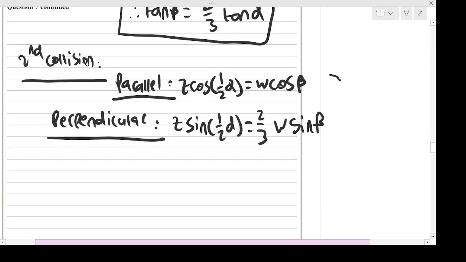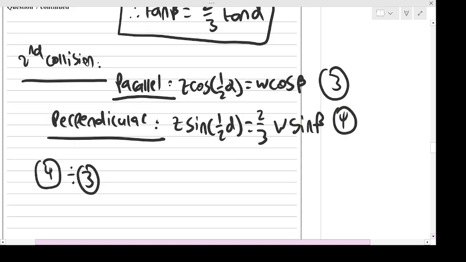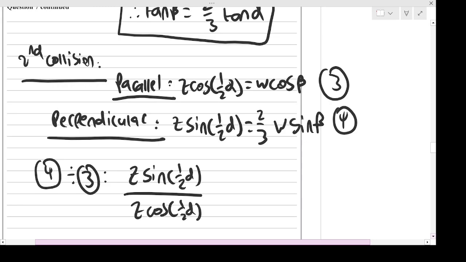So if I call these equations 3 and 4, again I want to divide them to get tan. I get Z sine of a half alpha over Z cos of a half alpha, which is 2/3 W sine beta over W cos beta, and again we get tan.